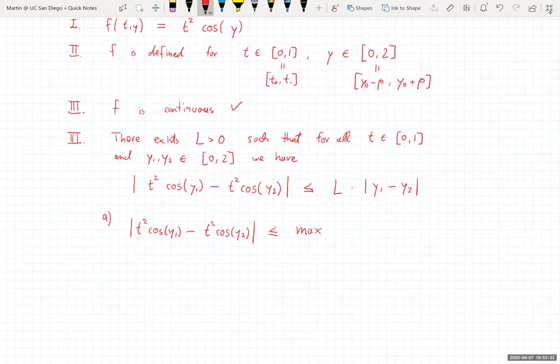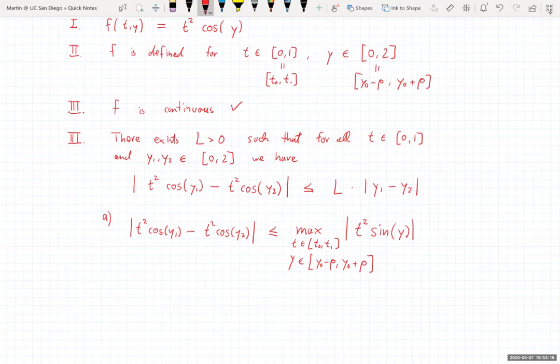the maximum where t is taken from t0 to t1 and y is taken from y0 minus rho up to y0 plus rho. And we take the maximum of the derivative of f in y, which happens to be t squared times sine of y.